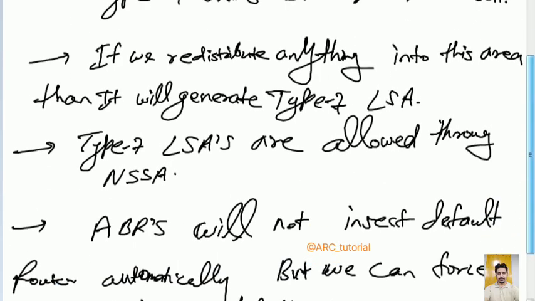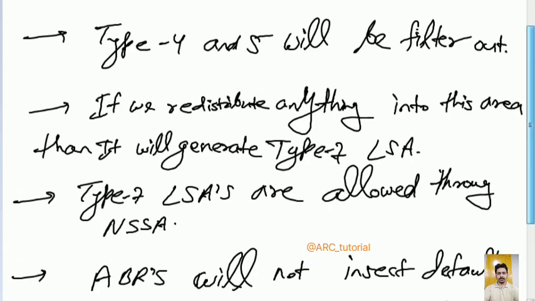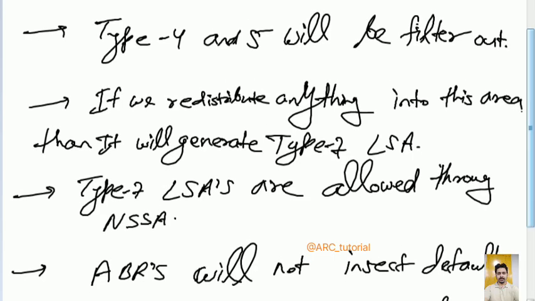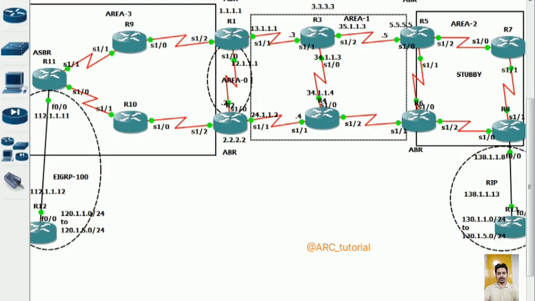And that's what we wanted actually. That's what we wanted, because we wanted to filter out all type 5 LSAs, because R11 is redistributing 500 prefixes. So we wanted to filter all of them out from the database table of area 2.